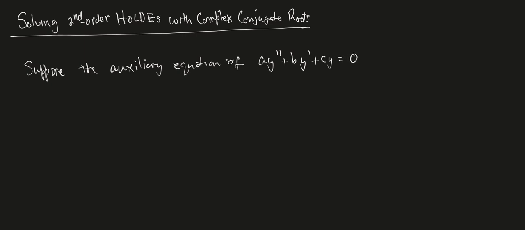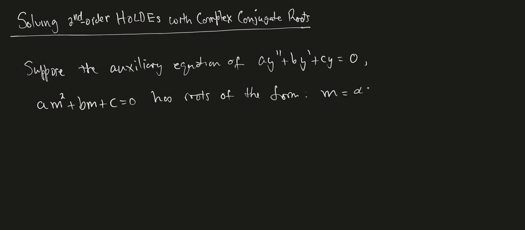So suppose the auxiliary equation of this differential equation, which is am squared plus bm plus c equals 0, has roots of the form m equals alpha plus or minus beta i, so that would be your m1 and m2.